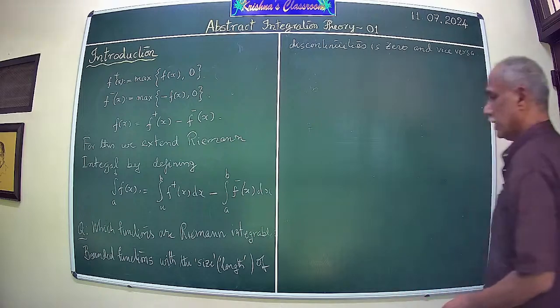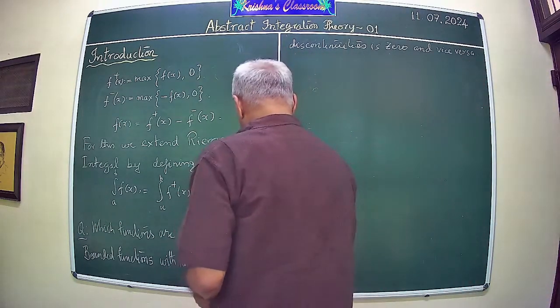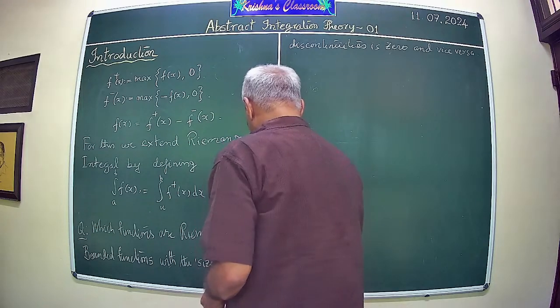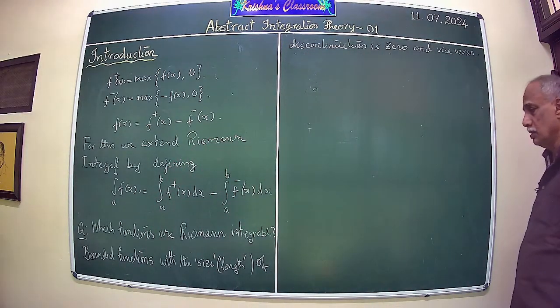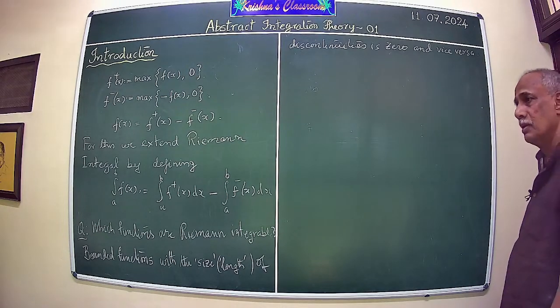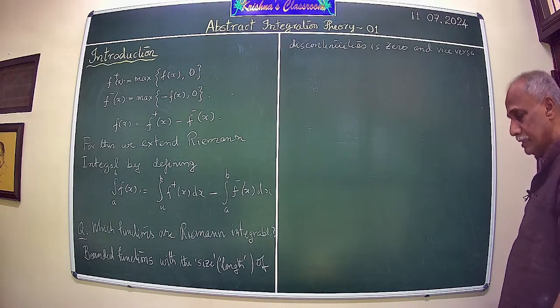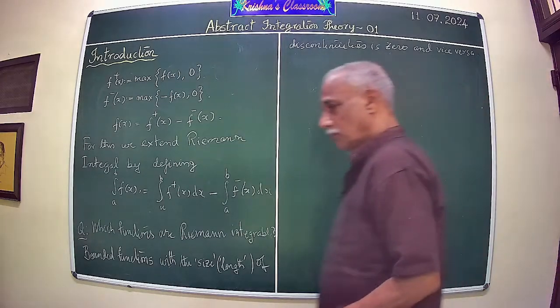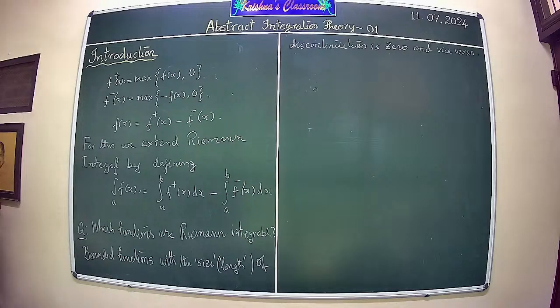In fact, this is a nice result. Which functions are Riemann integrable? Take all bounded functions on the interval [a, b] with the set of discontinuities forming a zero length set.